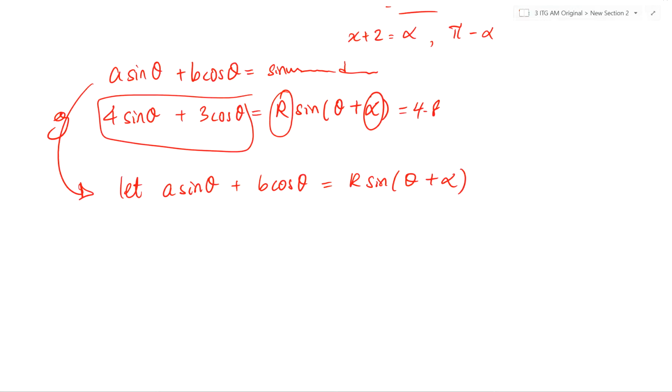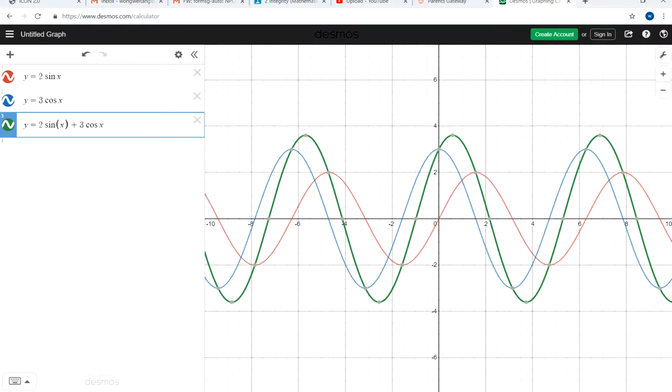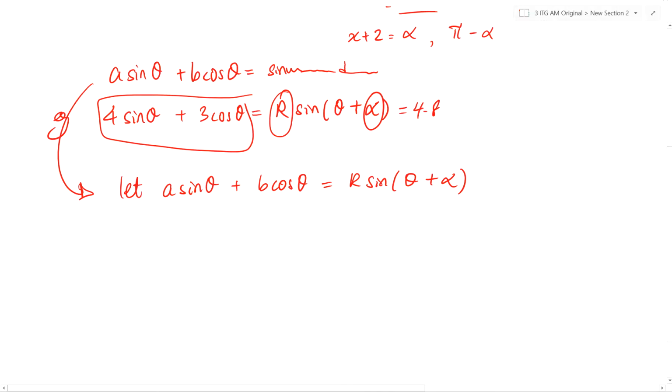Okay, hang on first. I rewrote 4 sine theta plus 3 cosine theta into R sine(theta plus alpha). The reason I can write it as such is because we notice that when you add a sine graph and cosine graph, we get a sinusoidal shape. Meaning I can describe this green graph with the equation R sine(theta plus alpha). In this case, R will be my amplitude. Does it make sense? R is the amplitude.